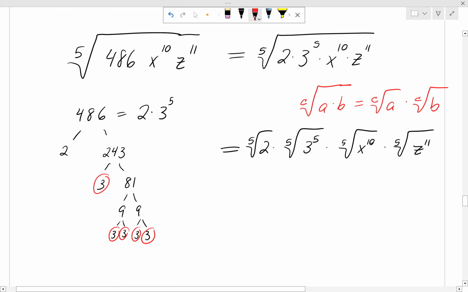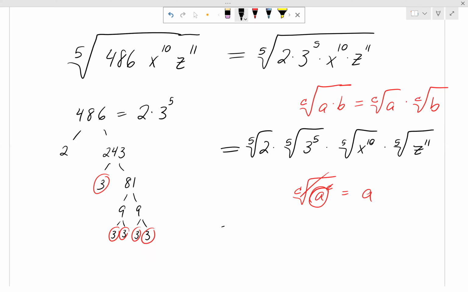Then I'm going to use the property that the cth root of a to the c is a. The cth root and the c power cancel each other out, so you're left with the thing you were raising to the c power.